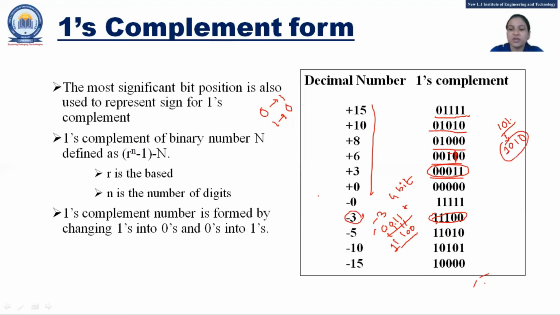So 1 0 1 0 in 4 bits represents minus 5. If I want to represent it in 5 bits, the 4-bit 5 is 0 1 0 1. So first I have to flip all the bits to 1 0 1 0, and I have to put sign 1 to represent negative 5. So this is how we can represent the one's complement form.